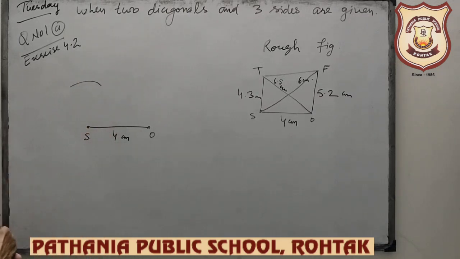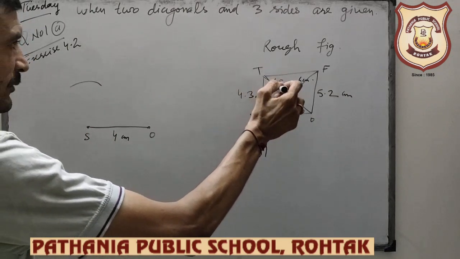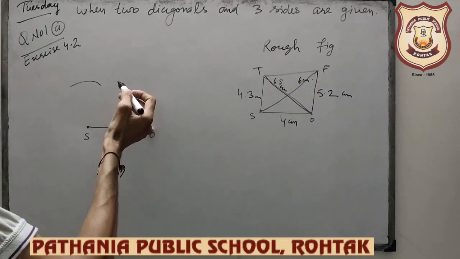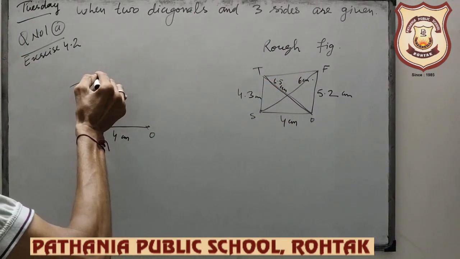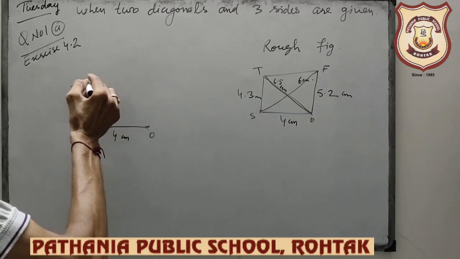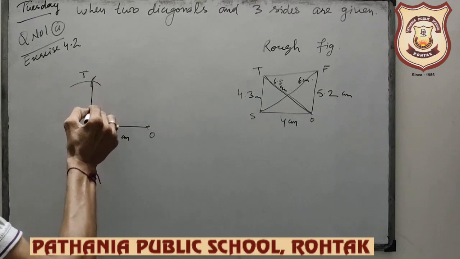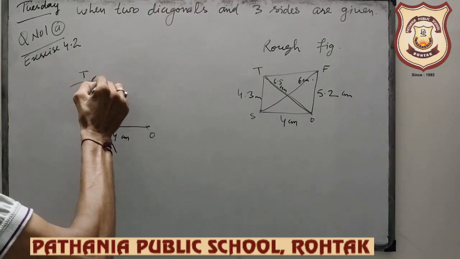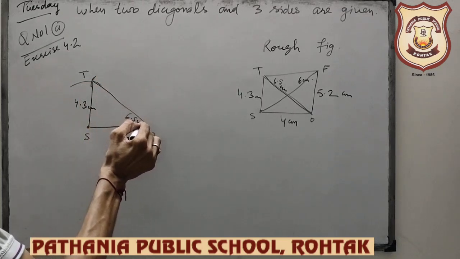Now take O as center and radius equal to 6.5, draw another arc which intersects the first arc at point T. Now point T is there. Join them. This one is 4.3 and this one is 6.5 centimeter.